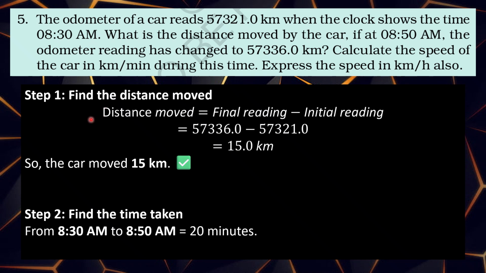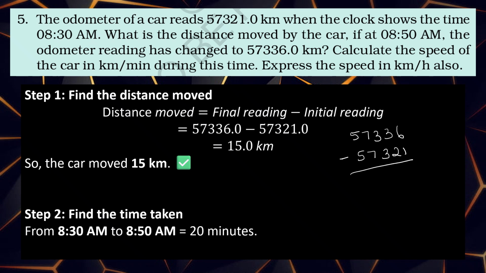So first step is distance moved. We have to find out how to find this. Subtract these two readings. Final reading is 57,336 and initial reading is 57,321.